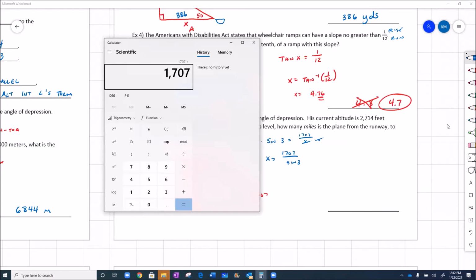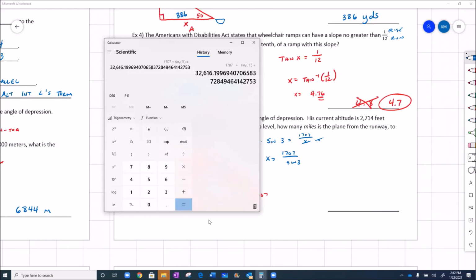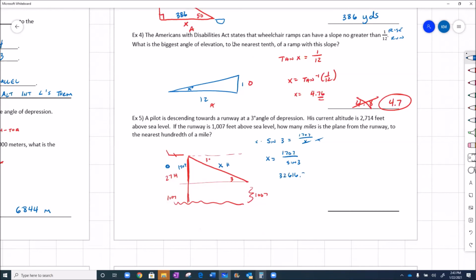1,707 divided by sine 3 equals 32,616.19, so 0.20. All right, this is in feet. The directions tell us to do this to the nearest hundredth of a mile. You'll notice that everything they've given us up to this point has been in feet, so we want to make sure we convert feet to miles.